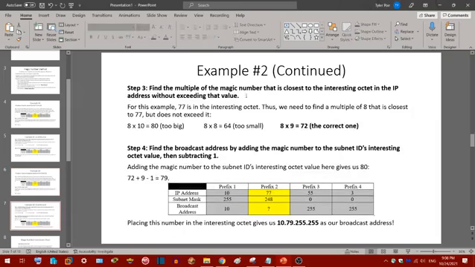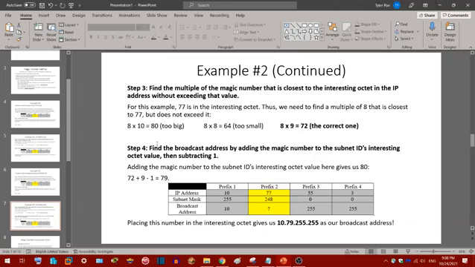Step 3 is to find the multiple of the magic number that is closest to the interesting octet in the IP address without exceeding that value. It's the exact same step from last time. Find the number you can multiply by the magic number that comes closest to the interesting octet number without exceeding it.